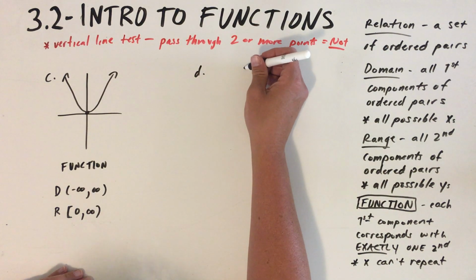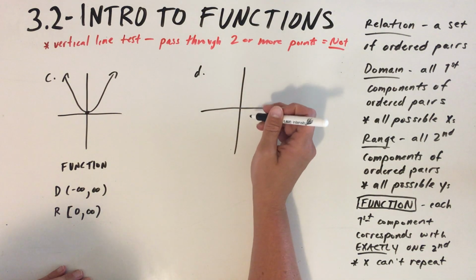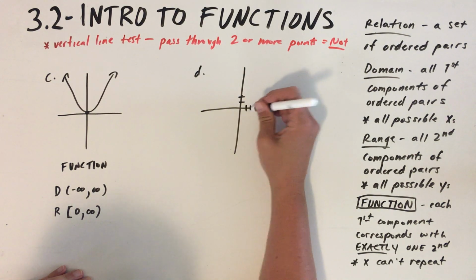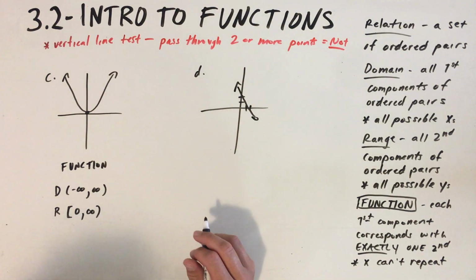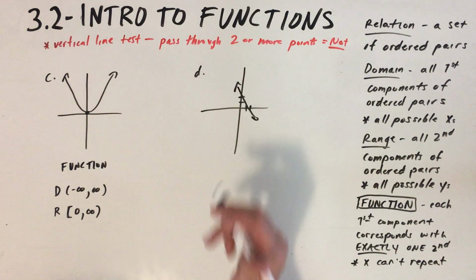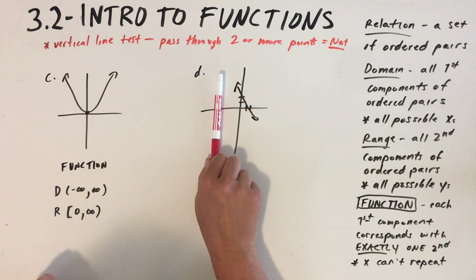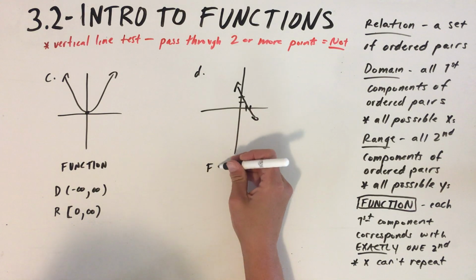Okay, for D, we've got a line, not a horizontal line, but a line that's going to pass through, and it looks like this. Again, this line is going to go on forever. Vertical line test, though, says if I run this across here, there's no point that's going to touch it twice, so this is a function.